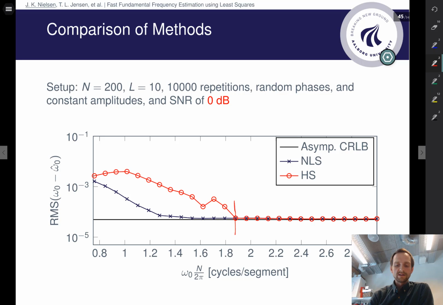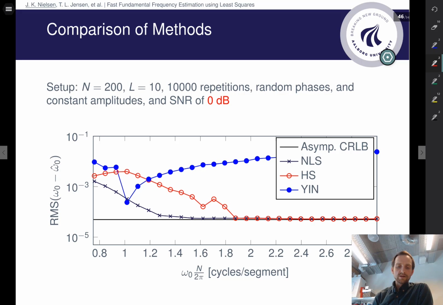So above 1.9 cycles per segment, it is as good as NLS. What about YIN? Well, YIN completely breaks down in noisy conditions, and that goes back to a point I made a few slides ago, that these correlation-based methods are not very robust to noise, and you see that here.